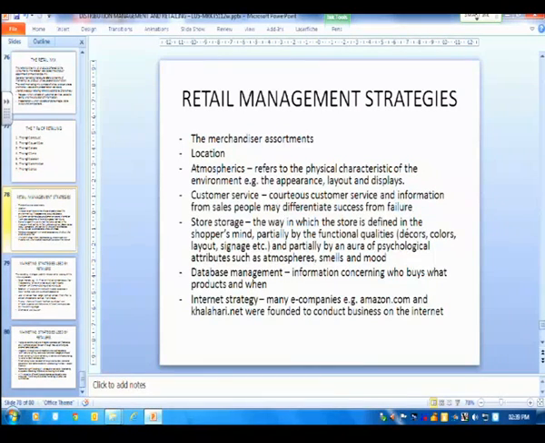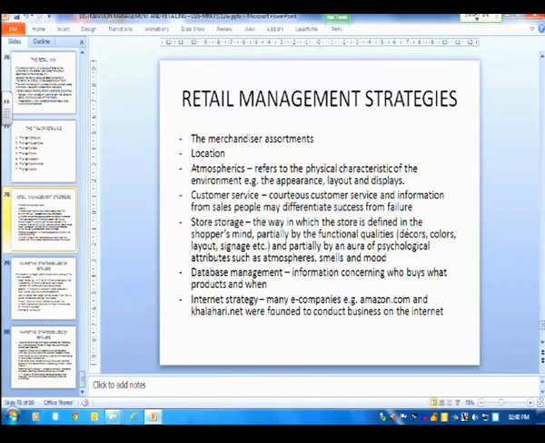5, store image. This is the way in which the store is defined in the shopper's mind, partially by the functional qualities, e.g. decor, color, layout, signage, and partially by an aura of psychological attributes such as atmosphere, smells, and mood.